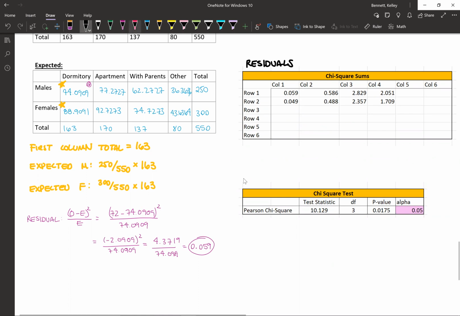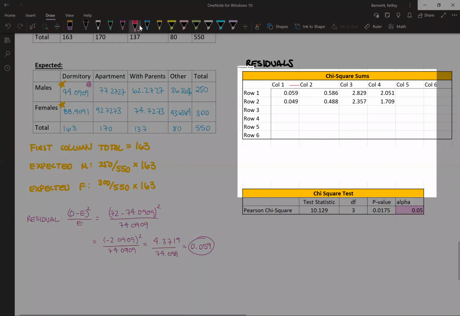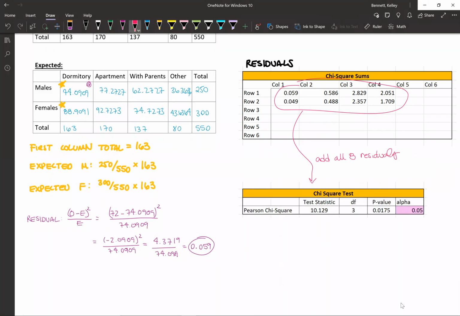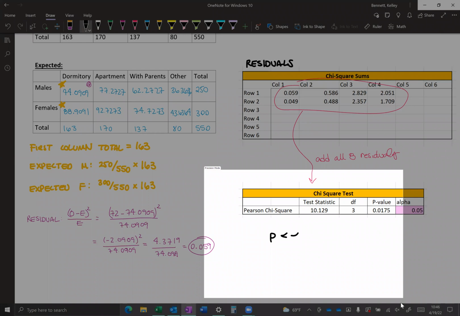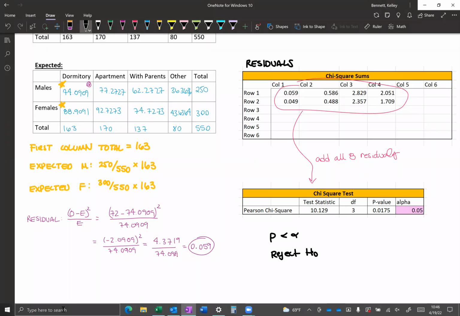So if we were to add all 8 of these values, we would get 10.129. And then from there, we would compute a p-value of 0.0175. Since p is less than alpha, we are going to reject the null hypothesis. We're going to reject the idea that they come from the same distribution. And that's the end of our hypothesis test for homogeneity.